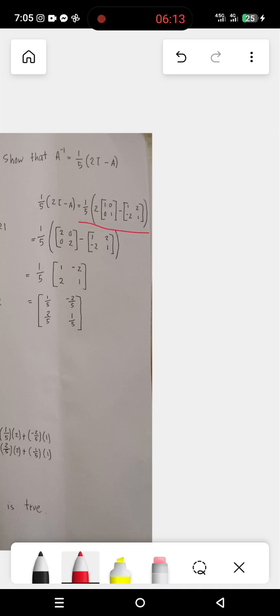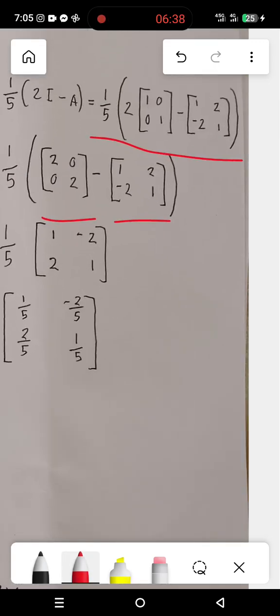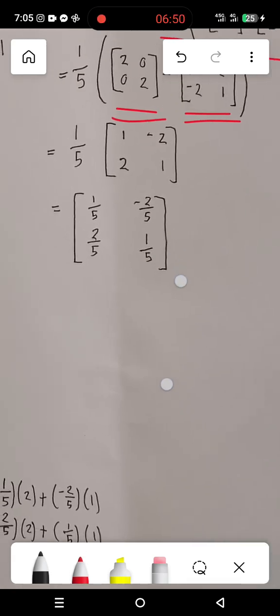So 2 times the identity matrix minus the matrix A. So first we're going to multiply 2, because it is the scalar, to the identity matrix. So we have here this one. And we can directly subtract both. We're going to subtract this resulting matrix after multiplying the scalar 2 to the identity matrix by the original matrix A. And the resulting matrix is this one.